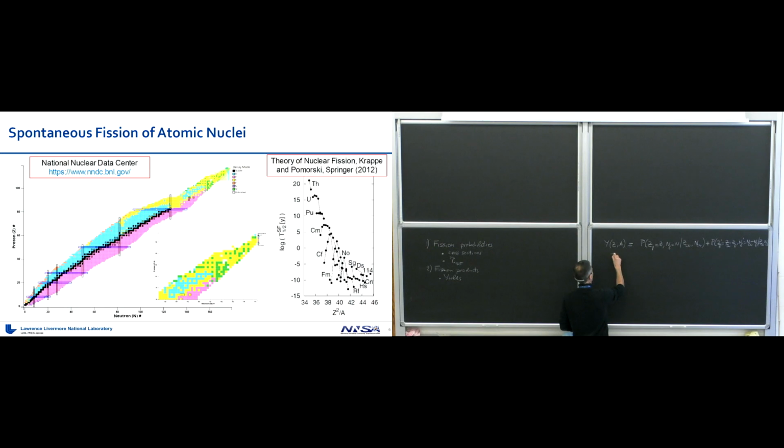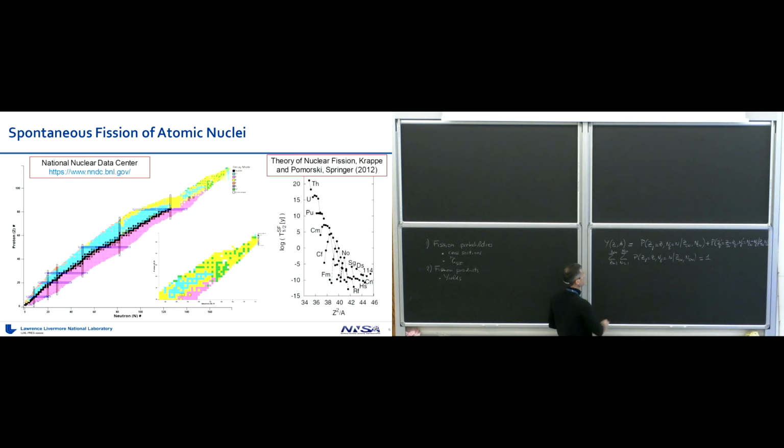So it means that if I sum over Z from 1 to Z_CN, and I sum the neutron number all the way from 1 to the total number of neutrons I can have in my system, of that probability, Z_F equals Z, N_F equals N, given the compound nucleus, that gives me 1.